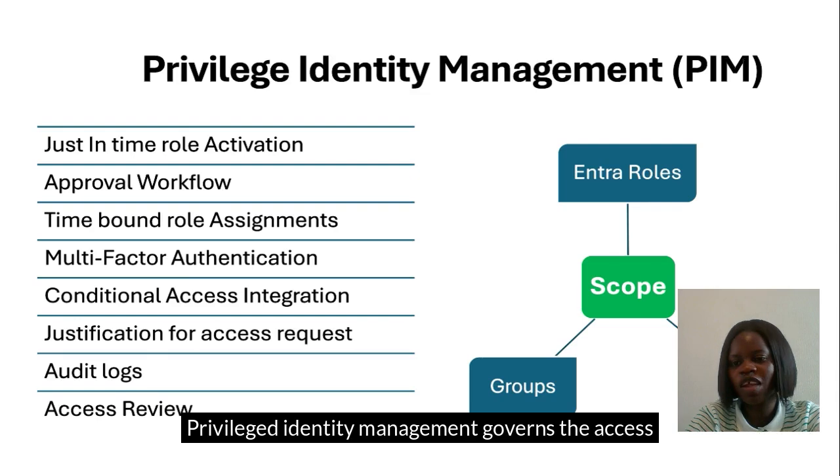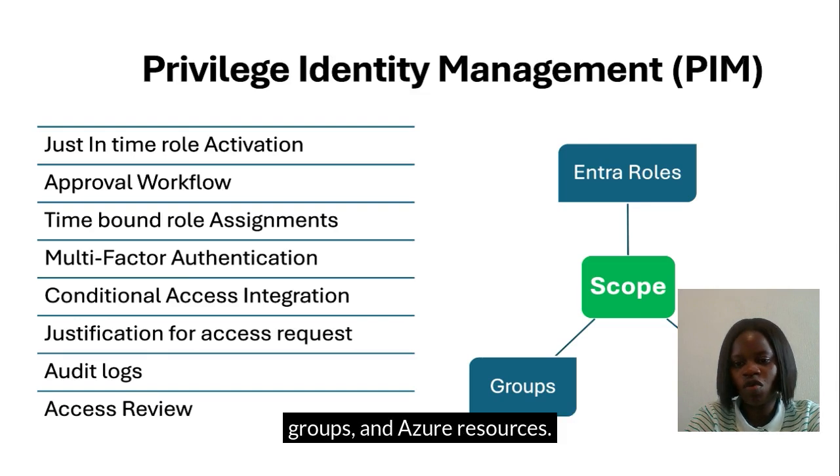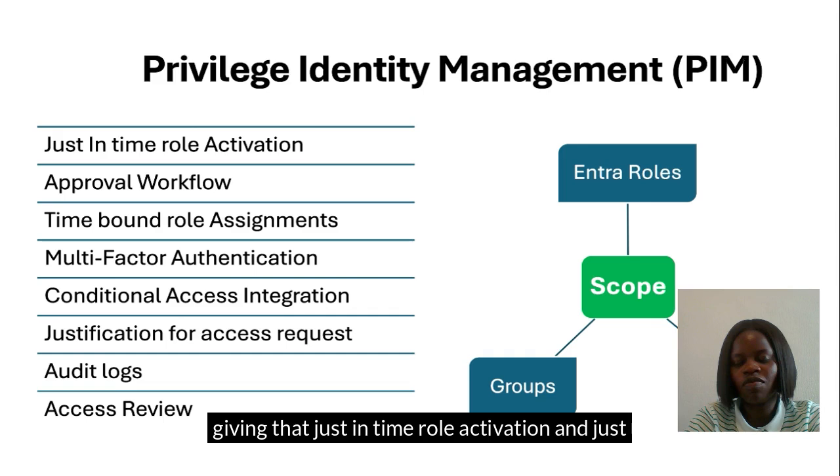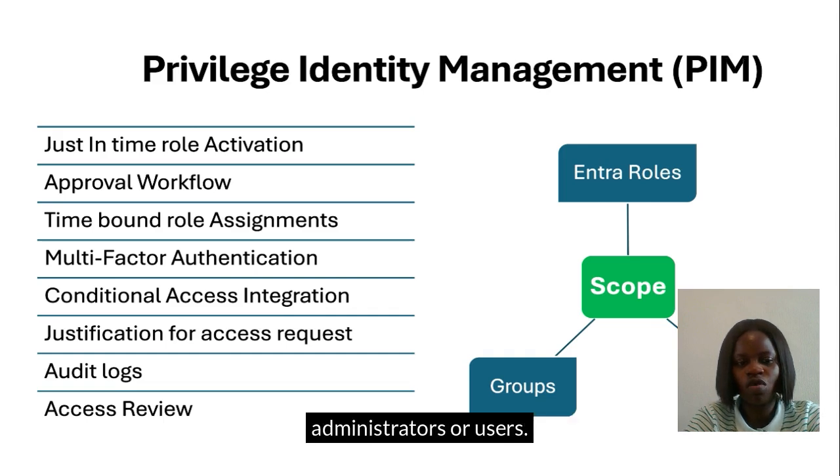Privileged identity management governs the access of users to privileged roles, groups, and Azure resources. Privileged identity management has the features of giving just-in-time role activation and just enough access to avoid standing access of administrators or users.